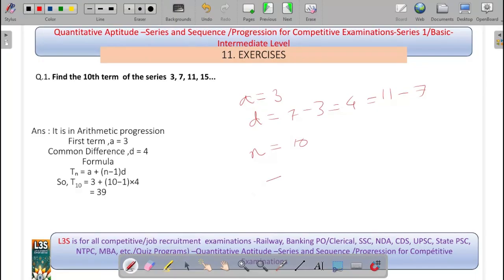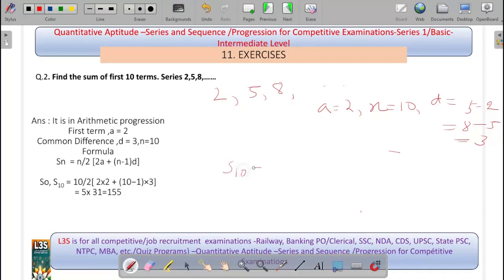So term 10 is equal to a plus n minus 1 into d, and this will be 39.